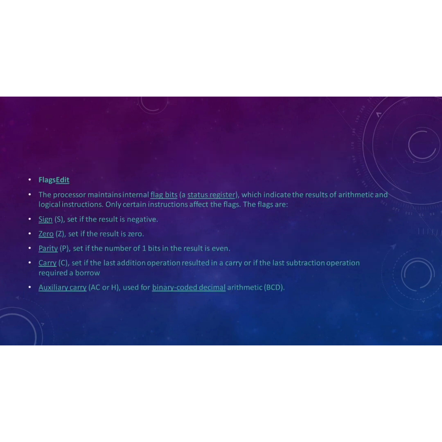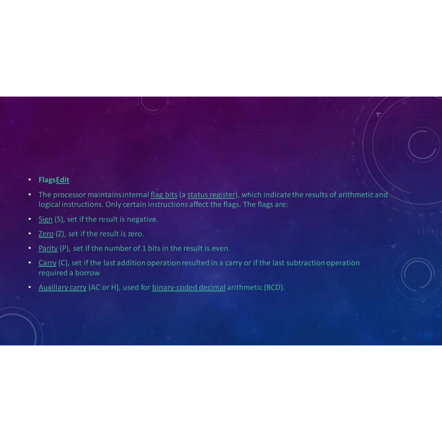And next, flag register. It maintains internal flag bits such as status register, which indicates the result of arithmetic and logical instruction. There are some flags that are sign, zero, parity, carry, and auxiliary carry. So first sign, it is set if the result is negative.